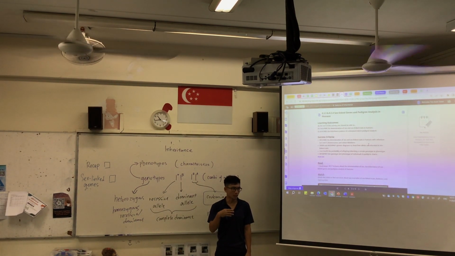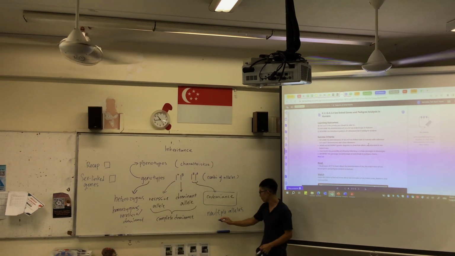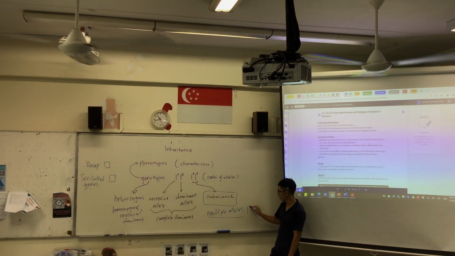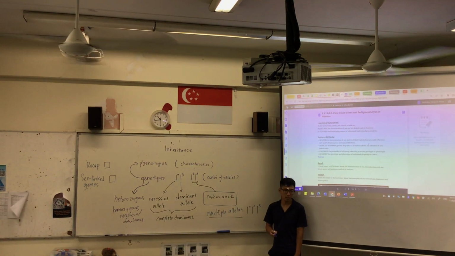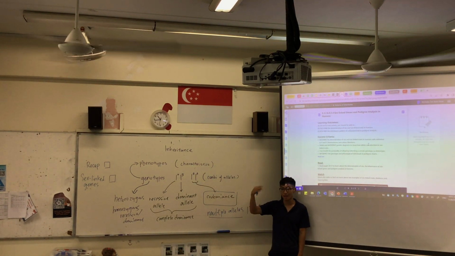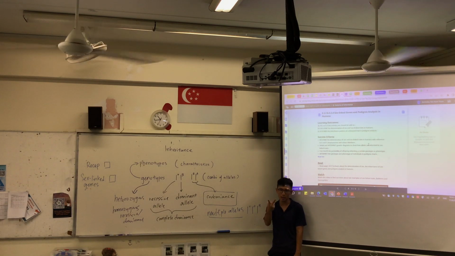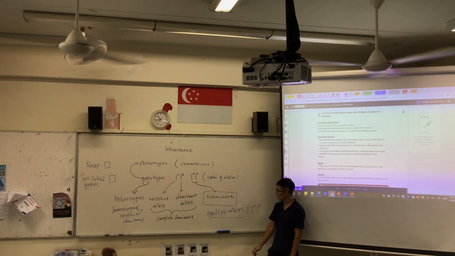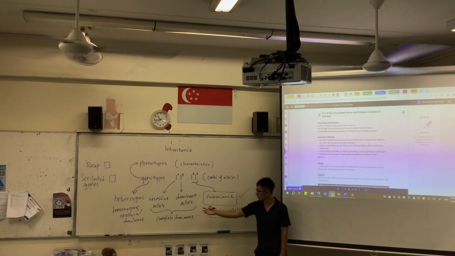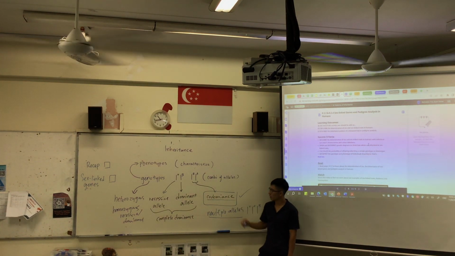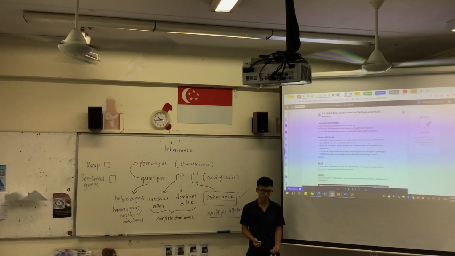Sometimes, for a particular characteristic, you can find multiple alleles. And a classic example would be blood types. In fact, there are 3 alleles altogether. Whereas what we learned so far, we started off with Mendel's peas and flowers, just 2 alleles. Other than that, we also learned that there's a new kind of interaction. Other than complete dominance, we can have co-dominance, where if put side by side, both will show.